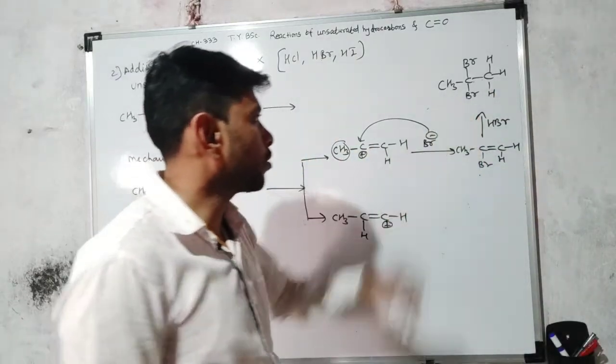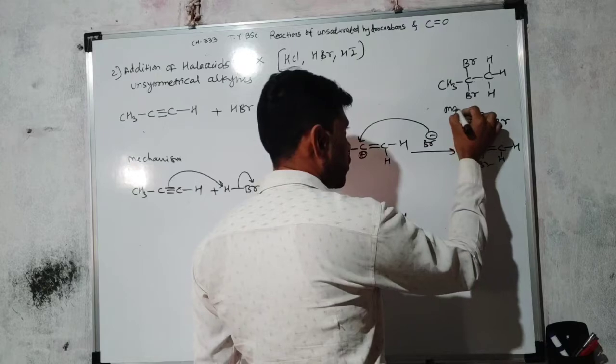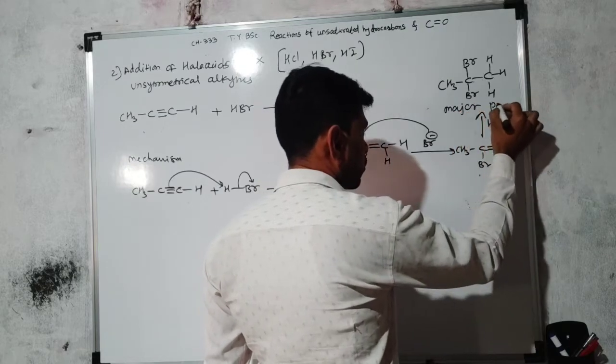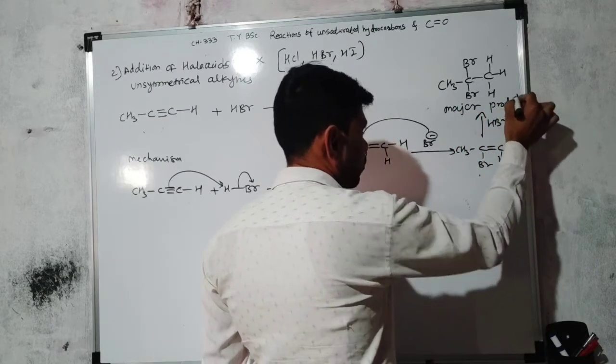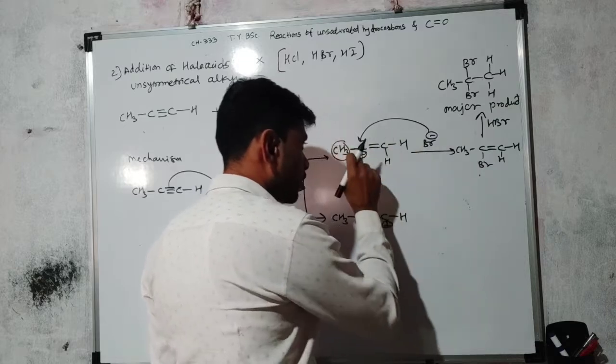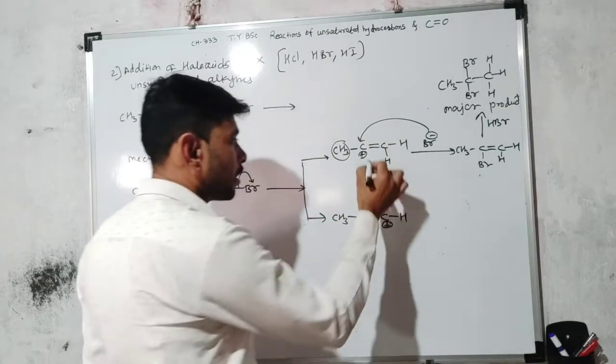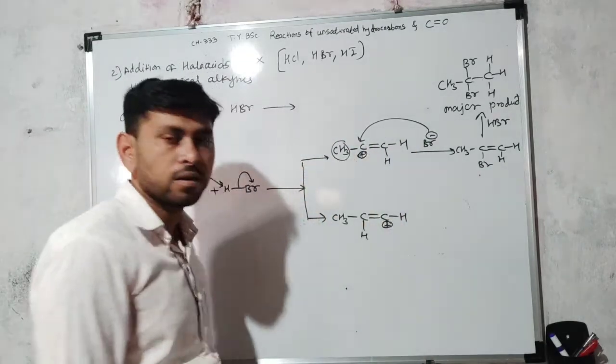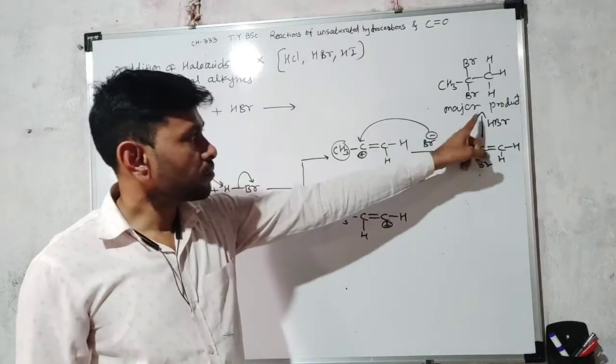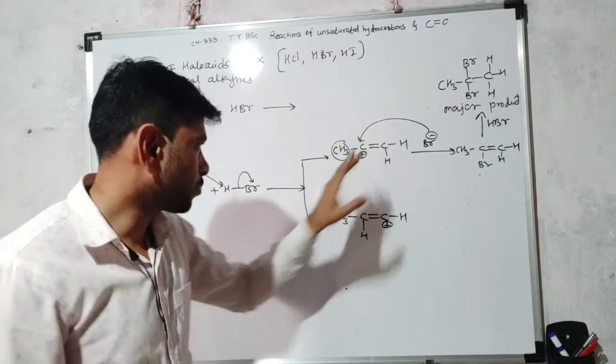In this way we obtain this product as the major product, because of the stability of this vinylic cation. This one is the major product.